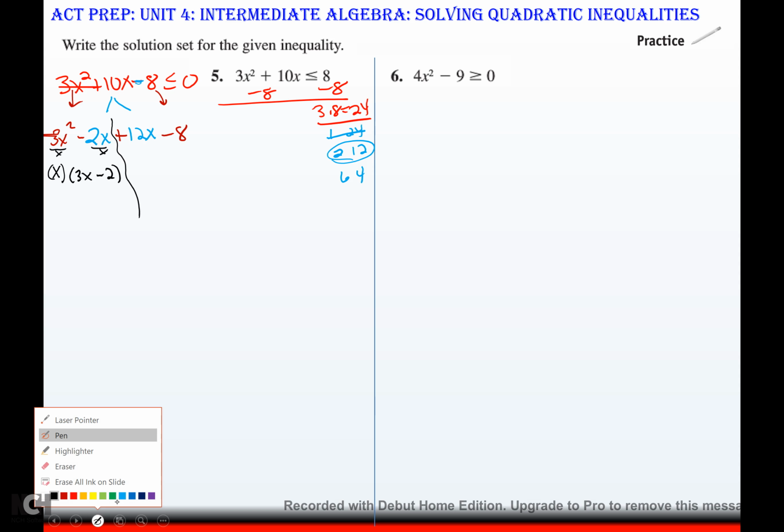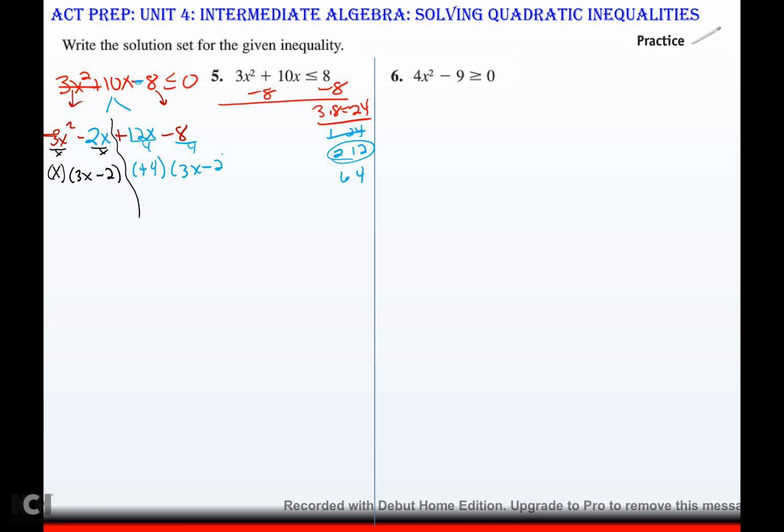On the other side, I can GCF a positive 4, divide, and I get 3x minus 2. At this point, you better have matching binomials or you did something wrong, but I do, so I didn't, which means my final GCF is 3x minus 2, divide, and my second factor is x plus 4, less than or equal to 0.